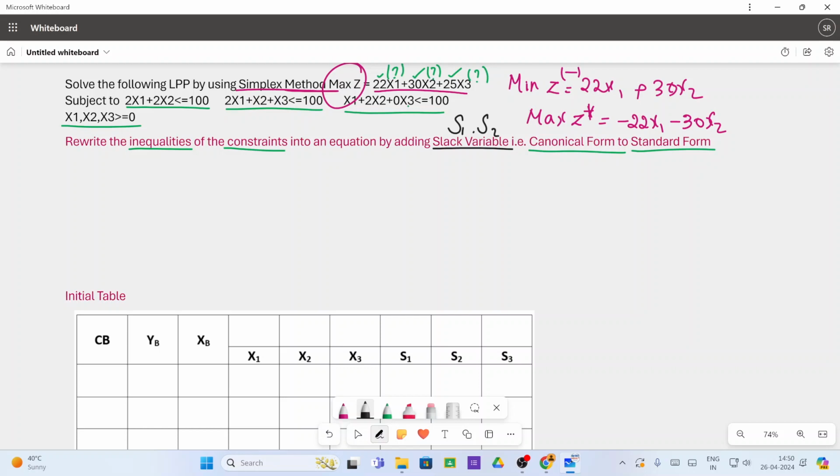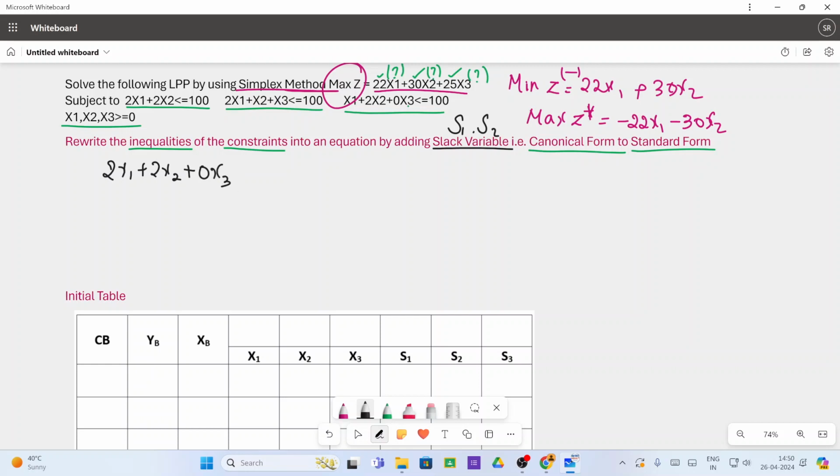Here we have three different constraints, so first let us take the first constraint, which is 2x1 plus 2x2. Here x3 is 0, so we just consider x3 as 0. This is for your understanding.